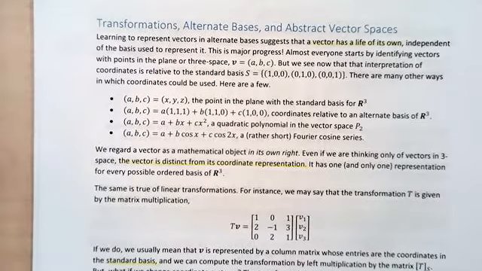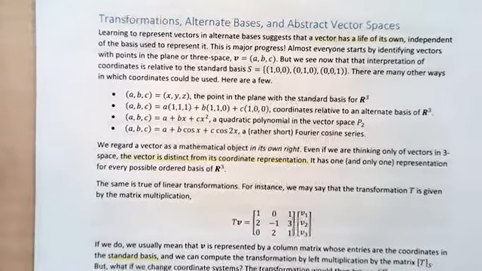But if I just permuted the order and I said, okay, now my basis is E1, E3, E2, it would flip those second two coordinates for every point in the space. So it's a little bit more finicky than I actually said verbally earlier. But we can all handle that without any problem, I think.